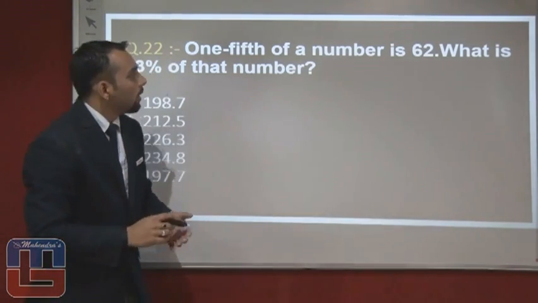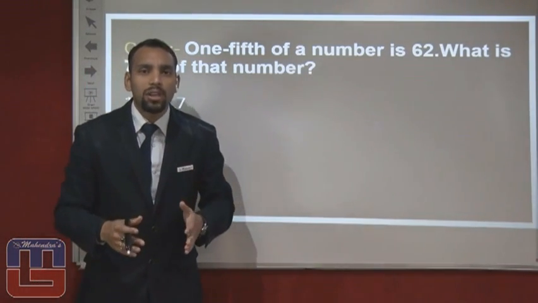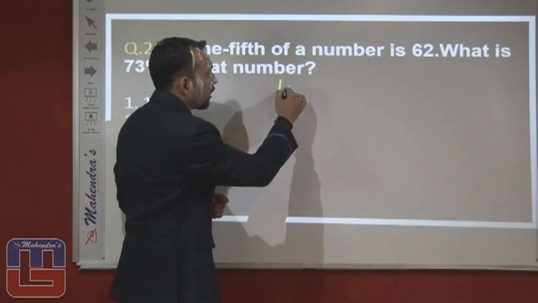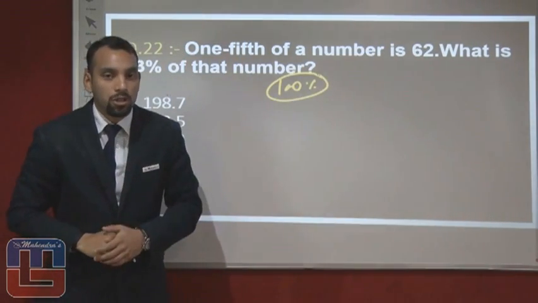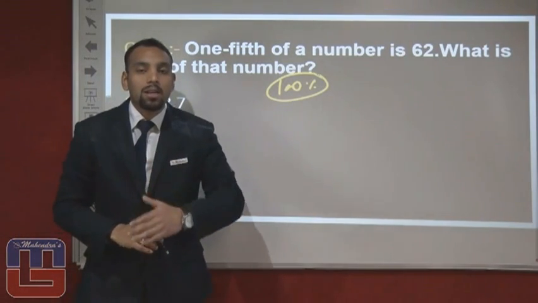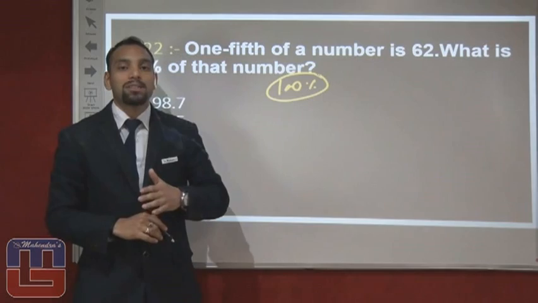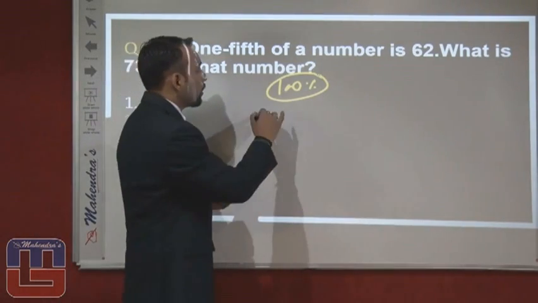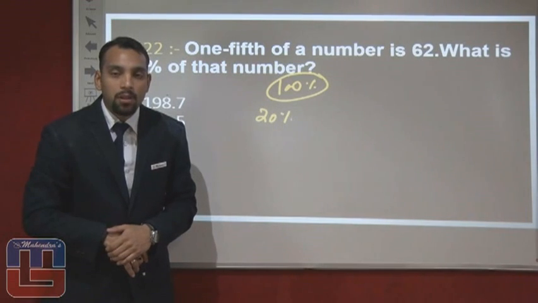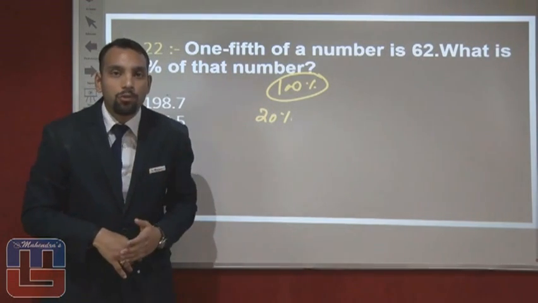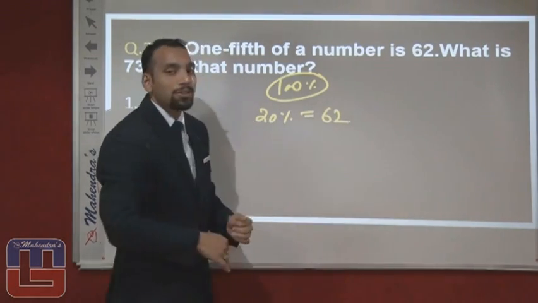For example, in percentage, we have discussed a number is always 100%. Now read the question. 1/5 of a number. If you consider a number is 100%, then 1/5 will be equal to 20%, which means we have been given the value of 20%, which is equal to 62.